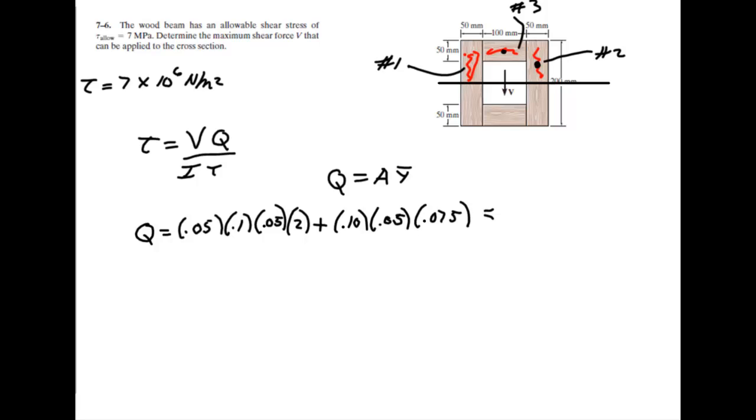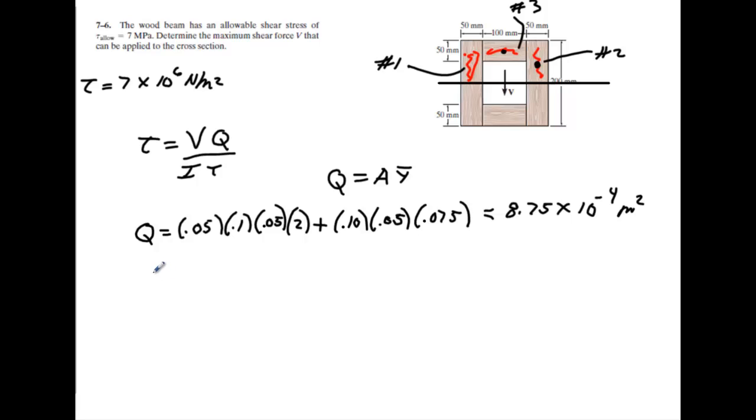That gave me 8.75 times 10 to the 4th, and that's meters to the 4th. Actually, meters cubed, I'm sorry, meters cubed, because that's area times distance. Okay, so now we can run this problem.